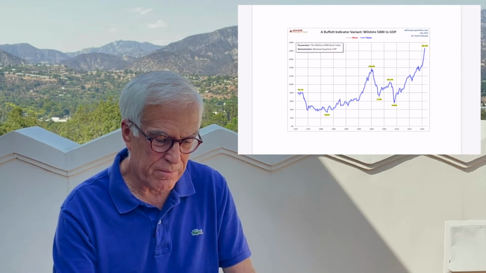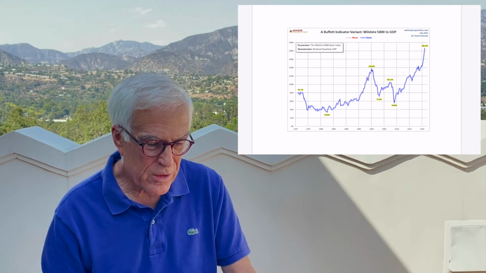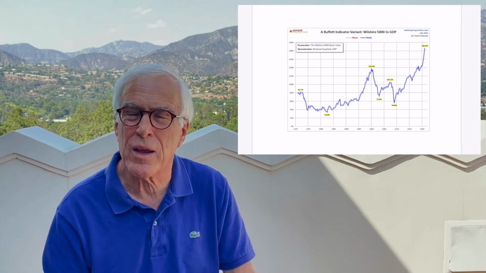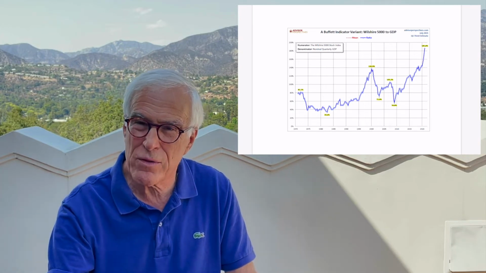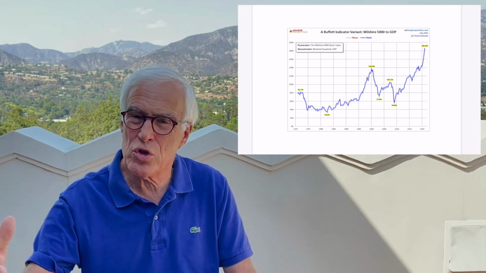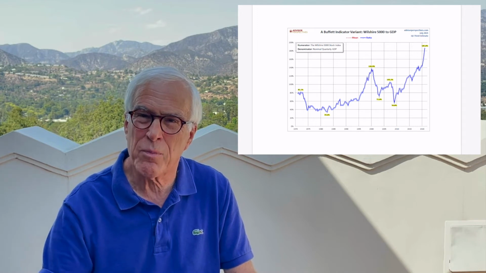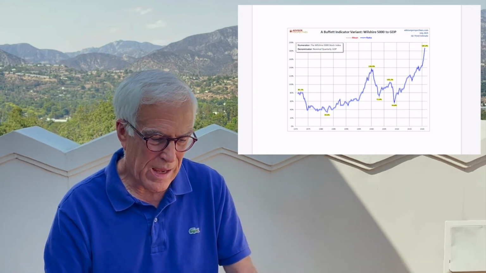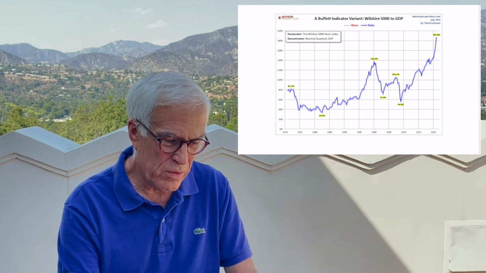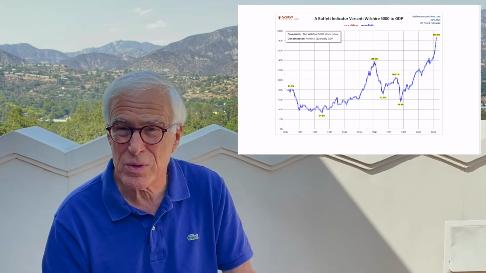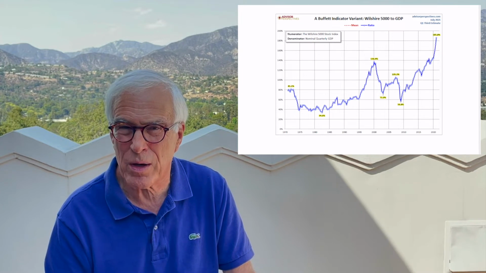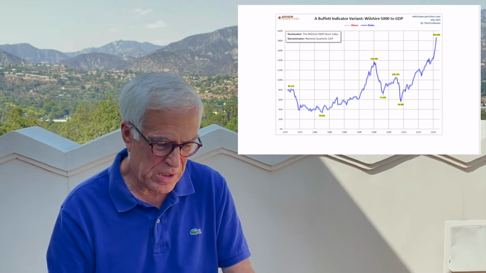This next chart is the so-called Buffett indicator, because Mr. Buffett liked to track the ratio of the value of the stock market to GDP, the productive power of the economy. And the version we're using here is the ratio of the Wilshire 5000, which is basically the value of all American traded stocks, to GDP.